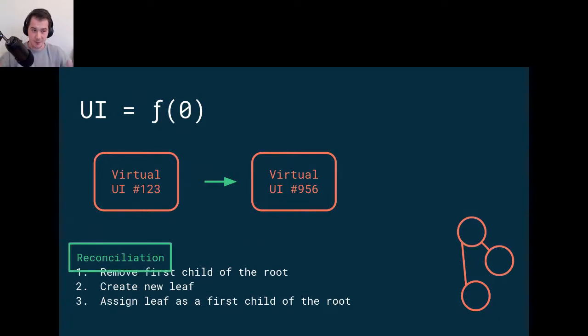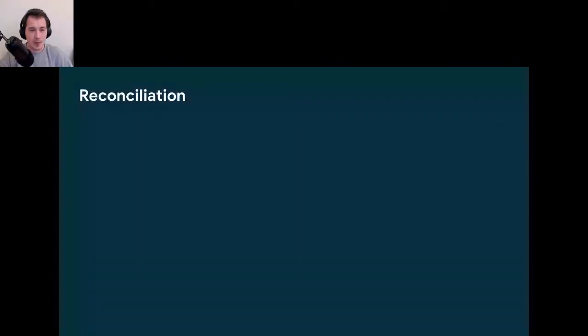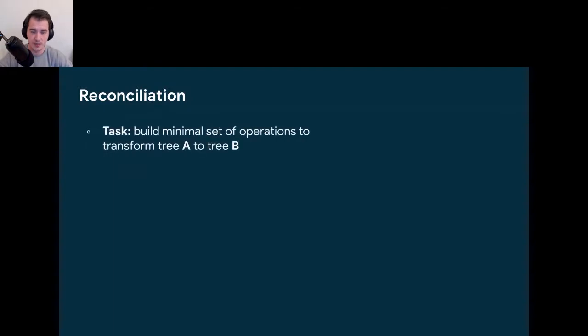Again, so okay, we kind of like narrow this down to the smaller problem, right? The smaller problem, how to construct this set of operations on a real tree. And this is what all UI frameworks call reconciliation. So the problem, overall, what is reconciliation? The task is to build a minimal set of operations to go from tree A to tree B in our UI.